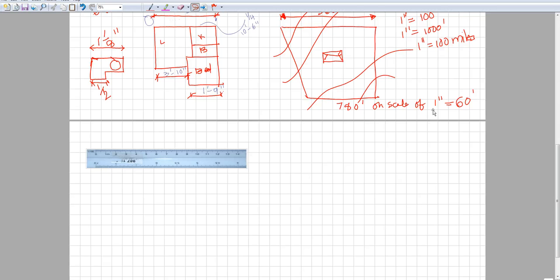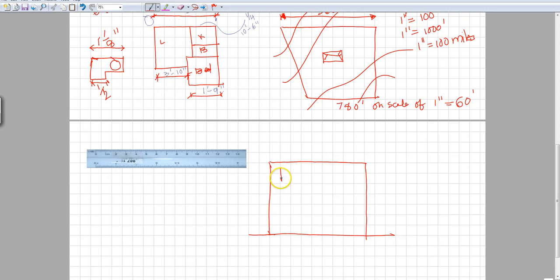Now again, if I draw another plan, or maybe I will just draw an elevation of a building, right?